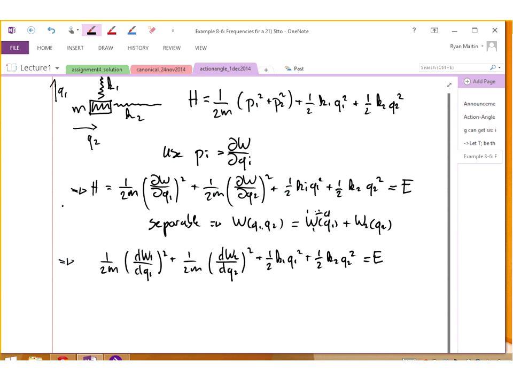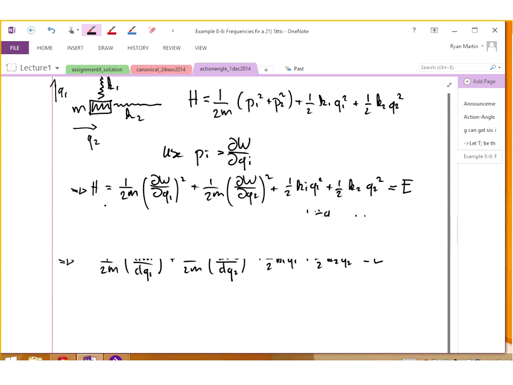So that means we can introduce two new constants: the parts that depend on q1 are a constant, and the parts that depend on q2 are a constant.